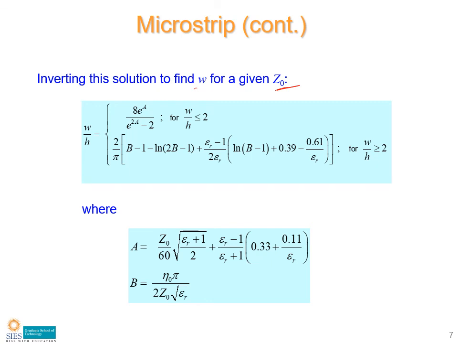So we first consider W by H less than or equal to 2, and then do the calculations. If they match or fit our specifications, then we go with that W by H ratio. If not, then we find W by H by considering the hypothesis W by H greater than or equal to 2, if it is not mentioned in the sums.